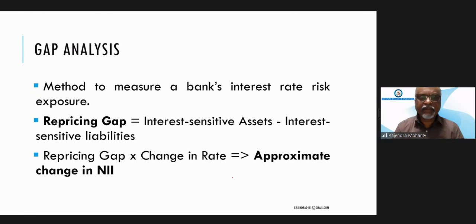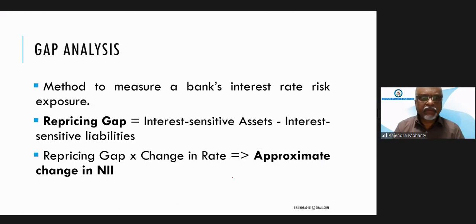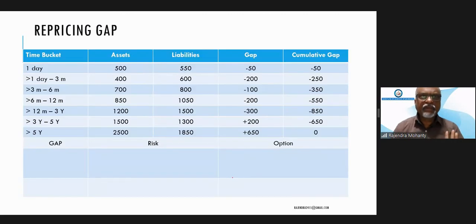So now, see, this is one of the positions of the bank. The 1 day to 5 years position is given for assets and liabilities, where the gap and cumulative gap are given. Now, with this, can you tell me what is the position of the bank during this 5-year period?